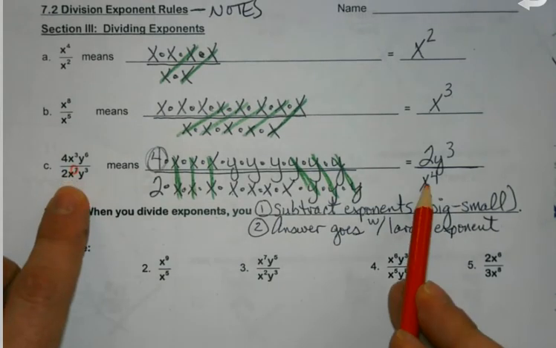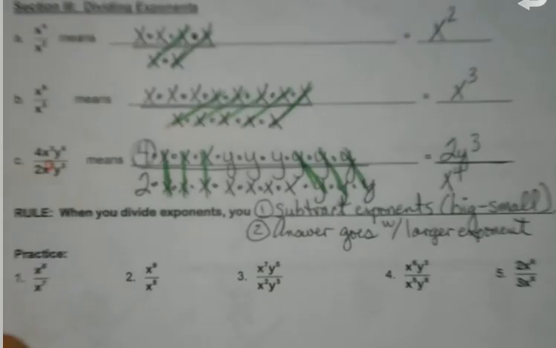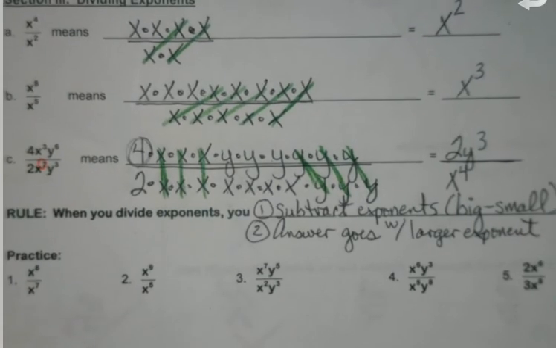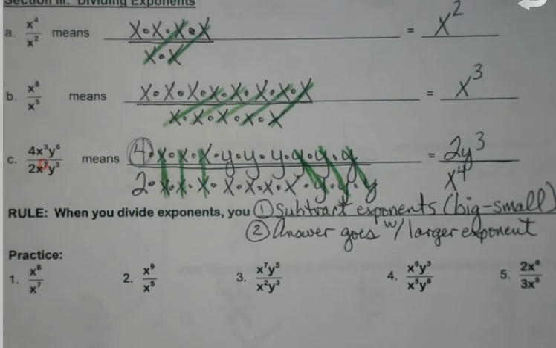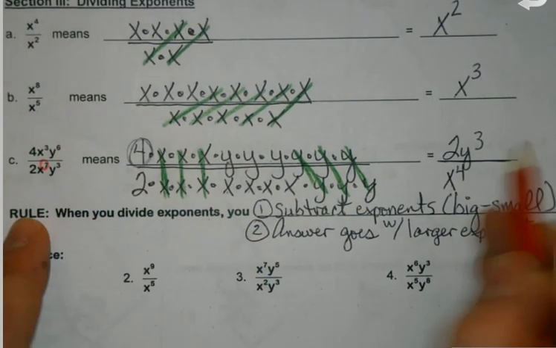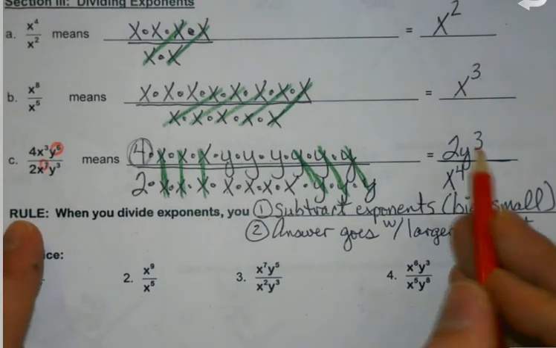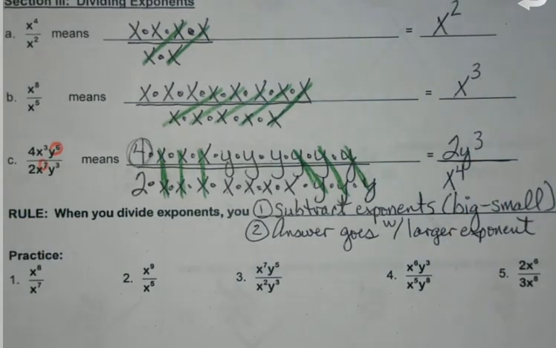That's why my x to the 4th ended up down here. When I did it with the y's, 6 minus 3 is 3. The bigger exponent was up top in the numerator, which is why my y's ended up there. If you just follow that as your basic rule, it keeps life a lot simpler.